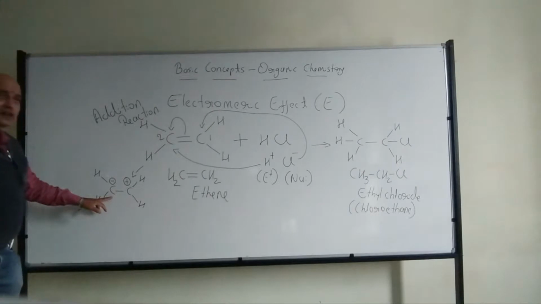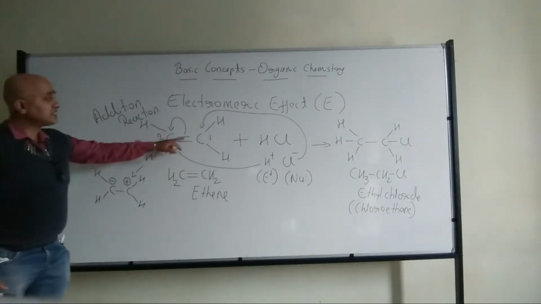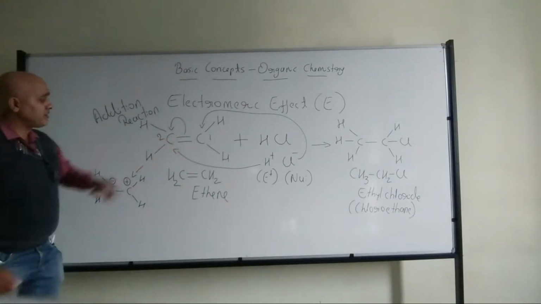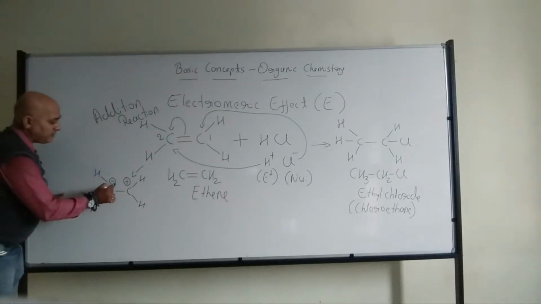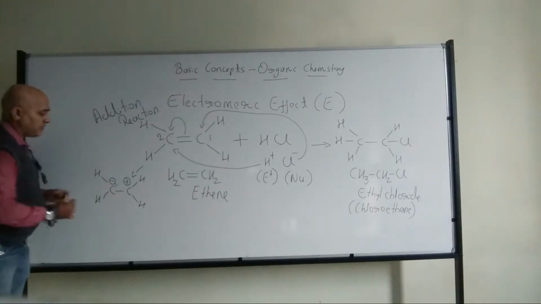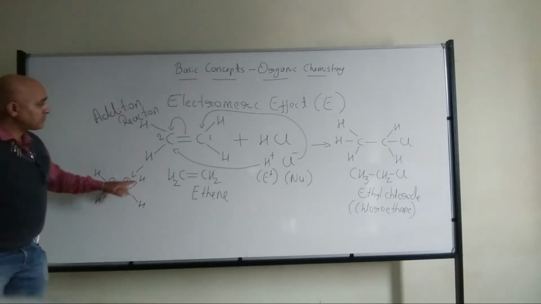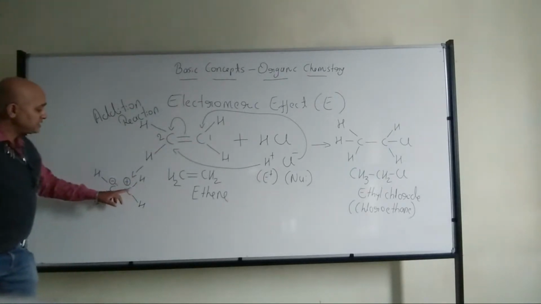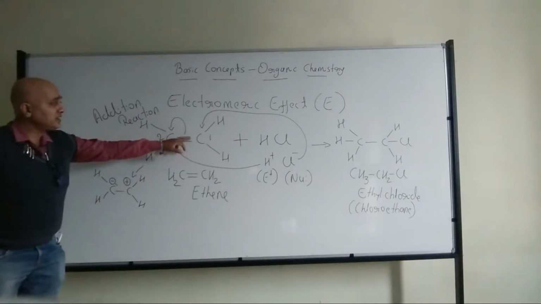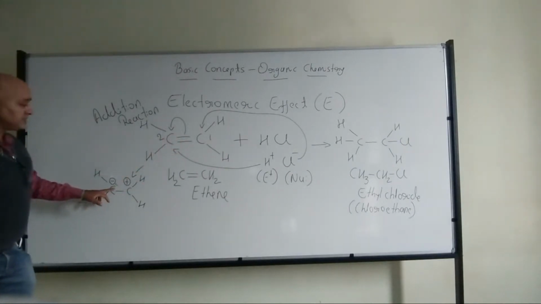Why has this one become a carbanion? Because it has gained one extra electron, so there is a presence of a lone pair of electrons. One belongs to this carbon only, another one belongs to this carbon actually. Carbon 1 has gained positive charge because it has donated its one electron to this carbon.